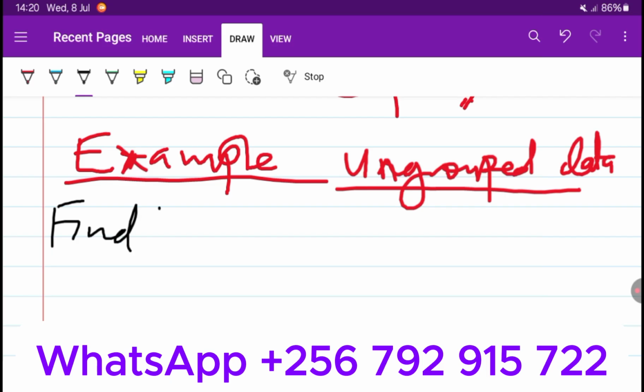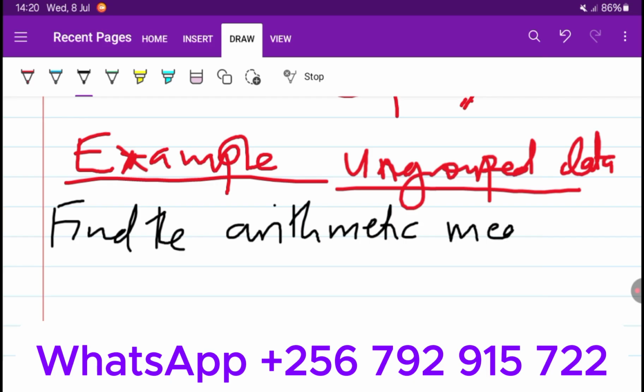Find the arithmetic mean of the numbers.